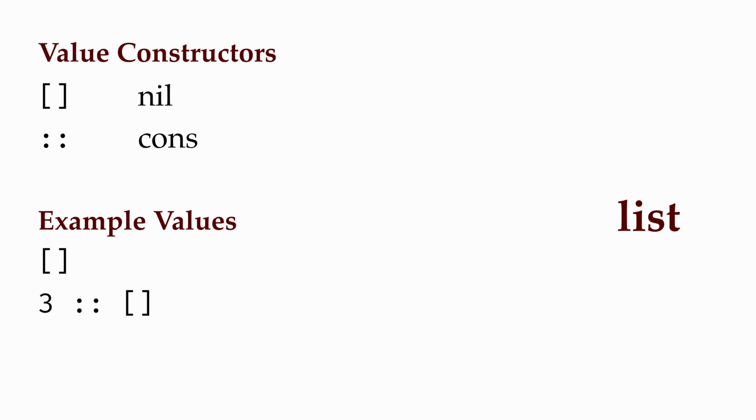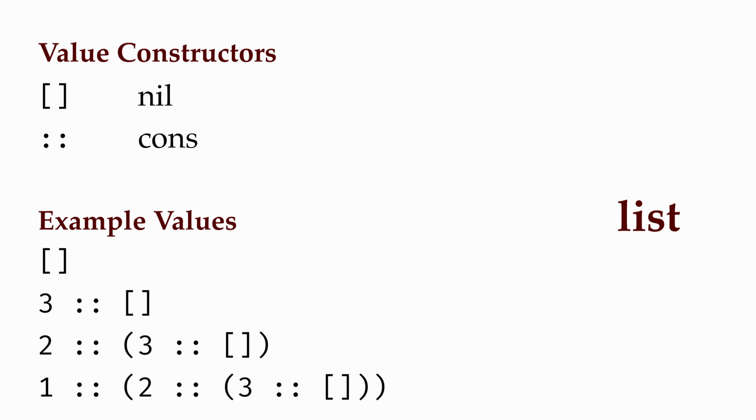What if we wanted a list with 2 integers in it, like the numbers 2 and 3? Well, that would be the number 2 cons the remaining list, which would be 3 cons the empty list. And we can construct longer lists just by consing additional values to the head of the list. This notation for defining list values isn't very concise, so fortunately OCaml provides some ways we can clean this up.